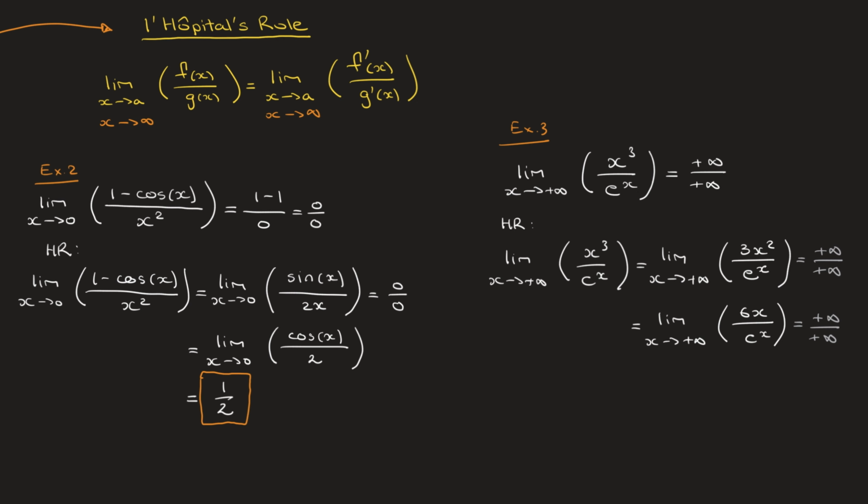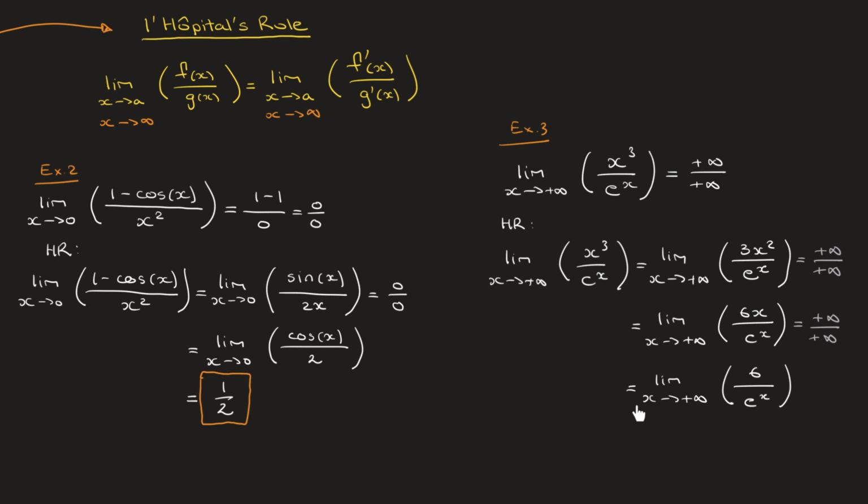And so since this indeterminate form is still of the correct type, let's go ahead and try and use L'Hopital's rule again for this limit here. In other words, we can go ahead and state that this is equal to the limit as x tends towards positive infinity of the derivative of 6x, which is just 6, over the derivative of e of x, which again is e of x. There we go.